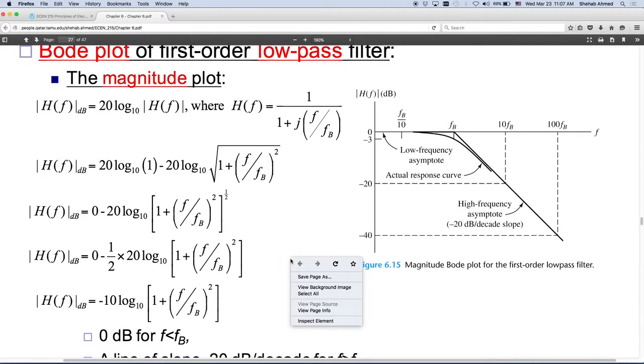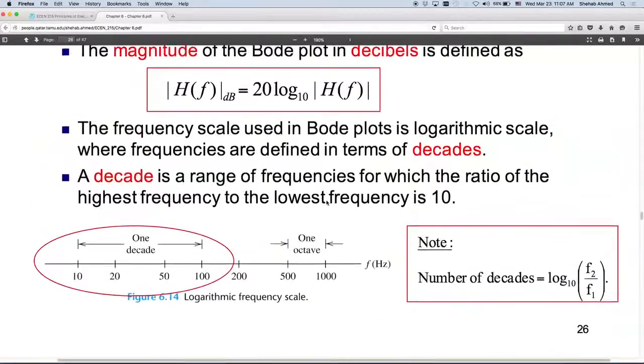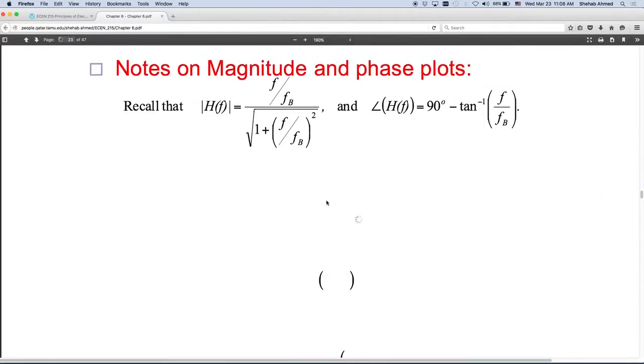So what we end up with is something that is zero at low frequency and has a certain slope at high frequencies. These two lines meet at a certain point, and it just happens to be FB. That's why FB is very important, it's how you design your circuit, right? We saw that FB is equal to, what, 1 over 2 pi RC or something?